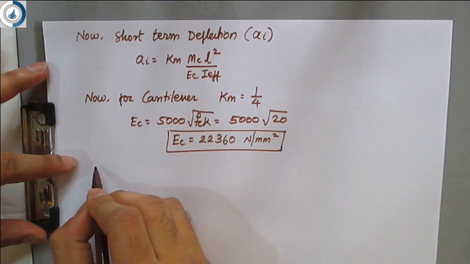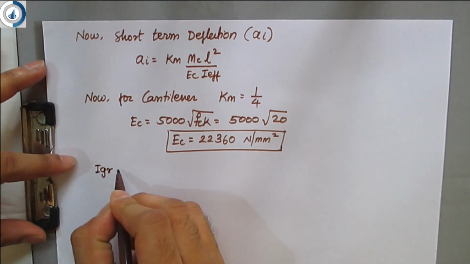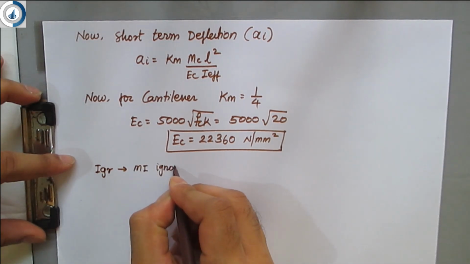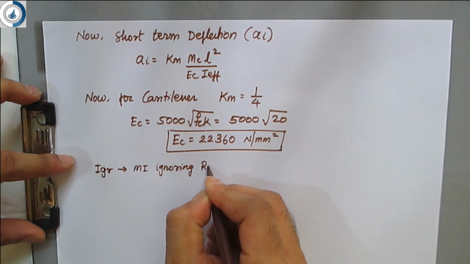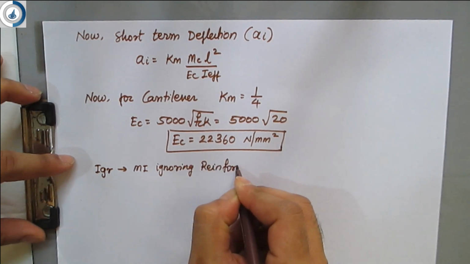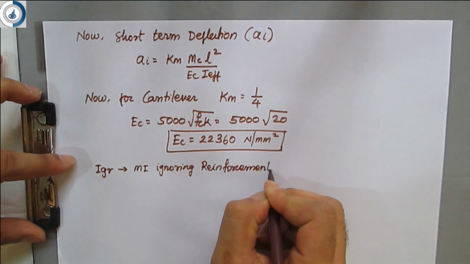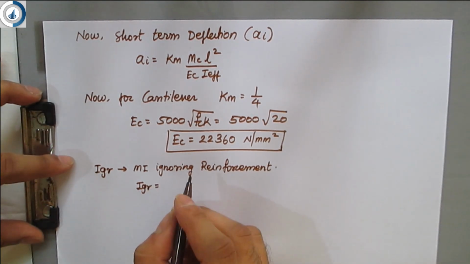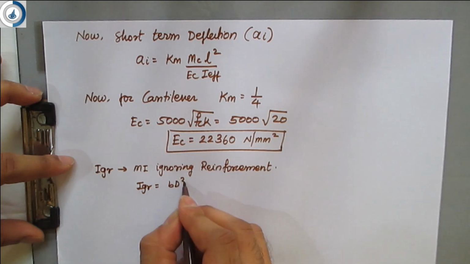So Igr is the moment of inertia ignoring reinforcement. It is nothing but your simple rectangular section, b d cube by 12.